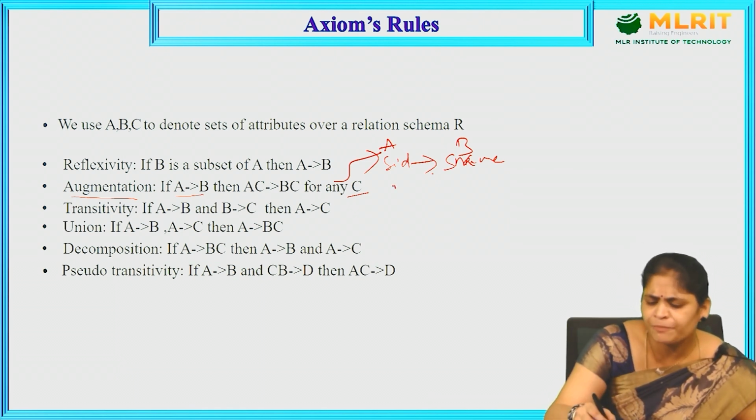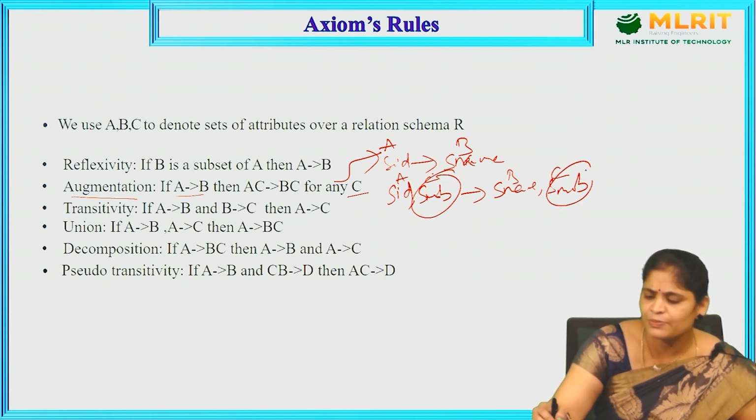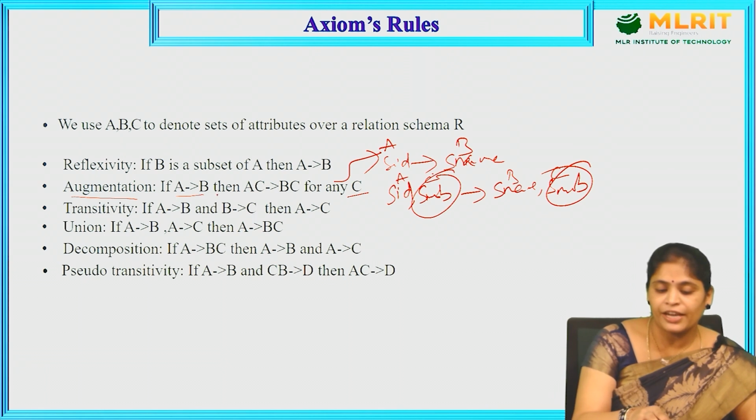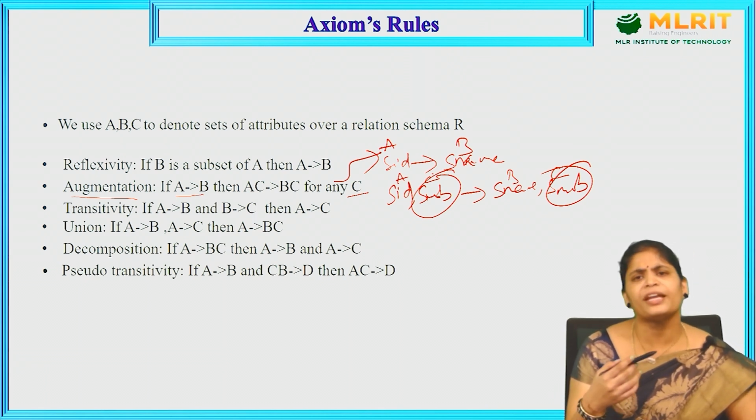That means SID comma S mobile number derives S name comma S mobile number. This is AC and this is BC. I have just added one more column. If A derives B, then AC derives BC for any C.